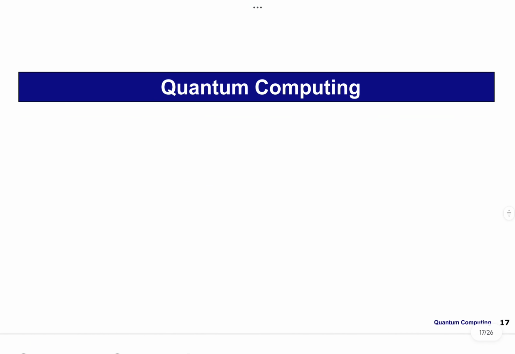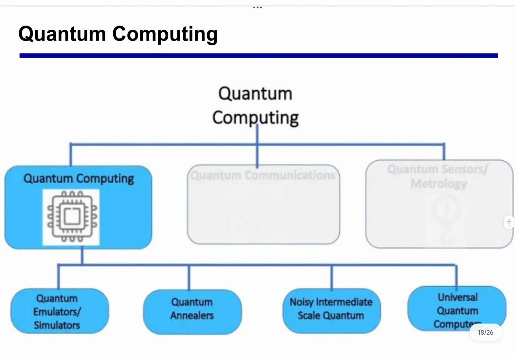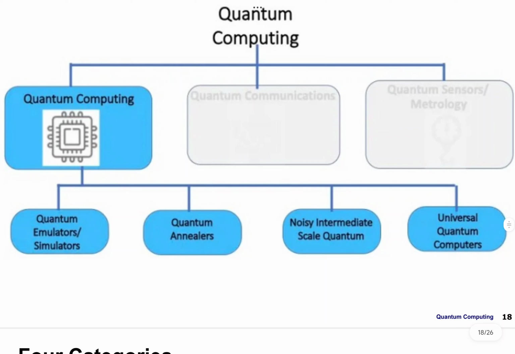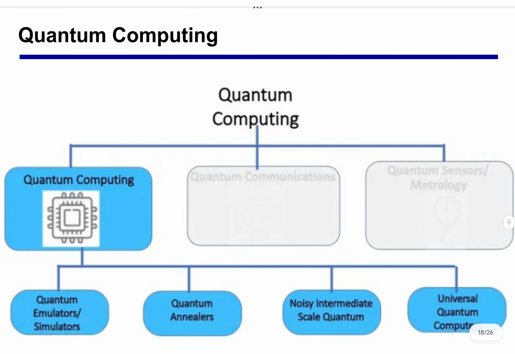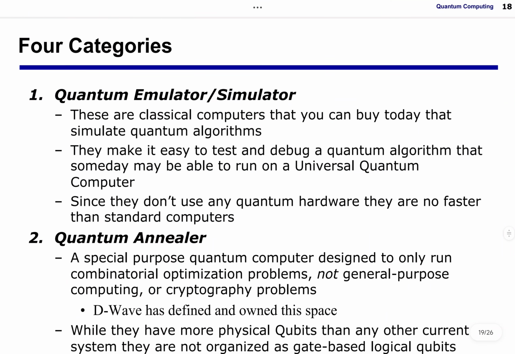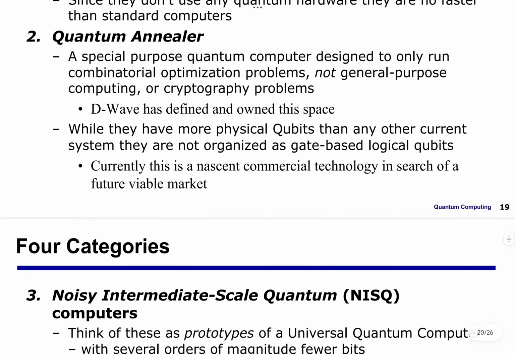Okay, the markets. I think there are different computing categories. Computing means quantum simulators, annealers, noisy intermediate-scale computing, universal quantum computers, and so on. And quantum communication, quantum emulation simulators, there are different annealers.